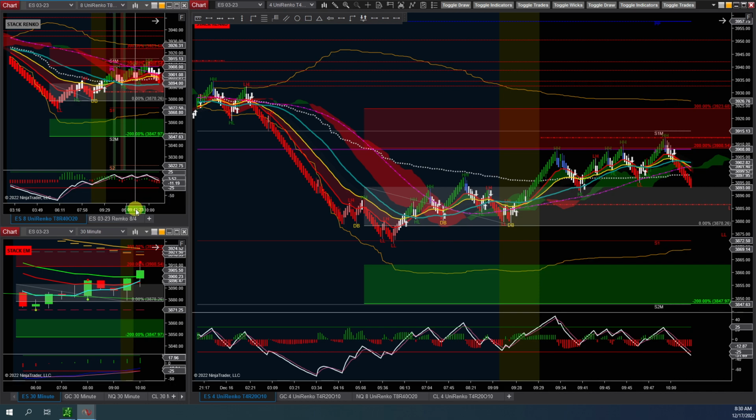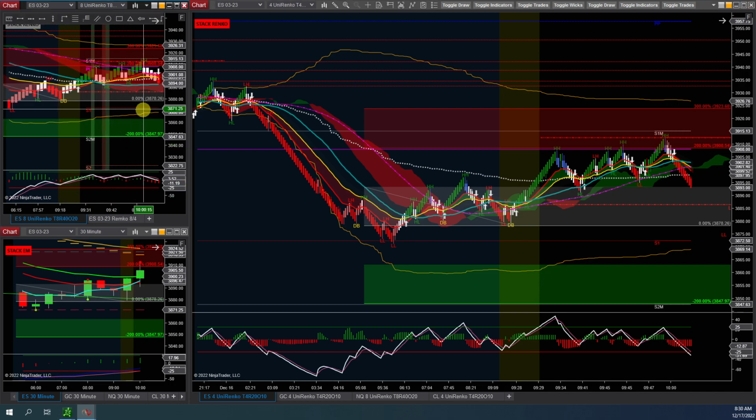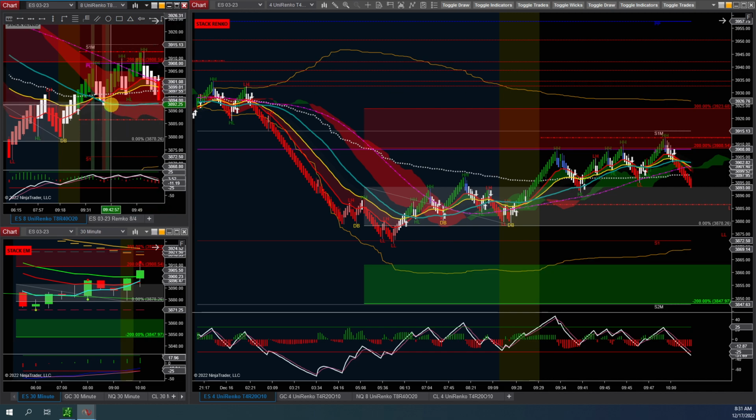I see there is confluence with a higher time frame, still above the 50 SMA, but I'm willing to take the risk on the break of this, because you have higher highs and higher lows until this moment where you have a lower high off of that one, and then you can have a lower high as well. So you have a lower low right there, and you can have a higher low. But I'm looking for a lower low at this point here. So putting my order right there and then moving down.